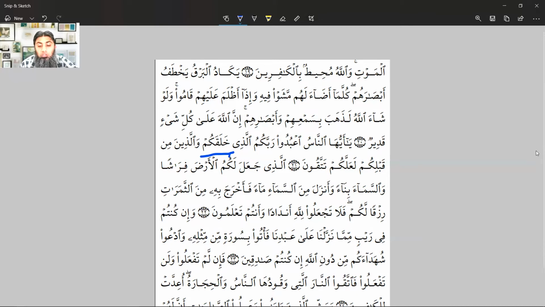So Chazeb bhai, let's wrap up the previous one. Alladhi ja'ala lakumul arda firashan was samaa'a binaa'a. Let's translate this one. So the one who created for you. No, made. Ja'ala means made. Khalaqa means create. The one who made for you earth as a bed, and sky as a roof.